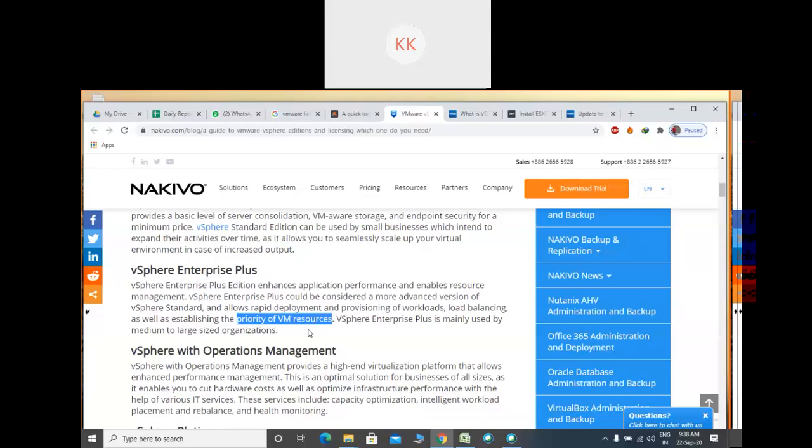You can set, suppose, how much CPU is assigned to virtual machine number 10. These are the things you can perform if you have installed the license of the Enterprise Plus edition. vSphere Enterprise Plus is mainly used by medium to large scale organizations. Most of the time in corporates you will find this edition installed.